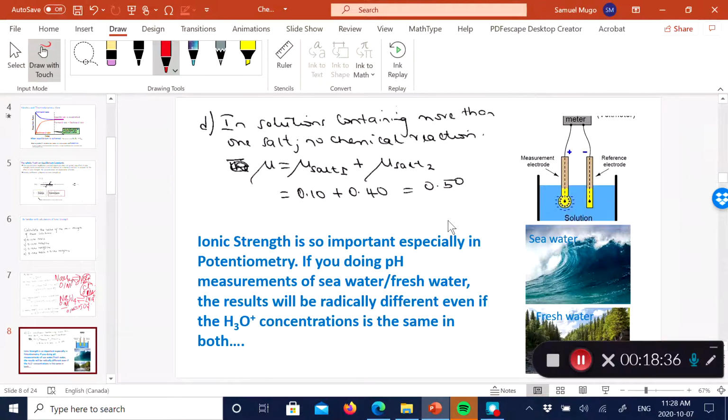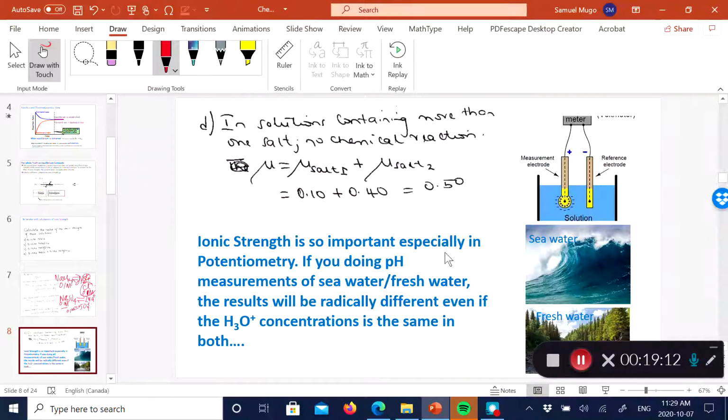Maybe somebody is going to ask, why is this important? Ionic strength is so important, especially when you're doing potentiometry. A good example of potentiometry, which is an analytical method where you're measuring the voltage associated with the concentration of a particular species, is when you're doing pH. pH may be the simplest example of potentiometry, when you're measuring pH using a pH electrode, which all of us have used.